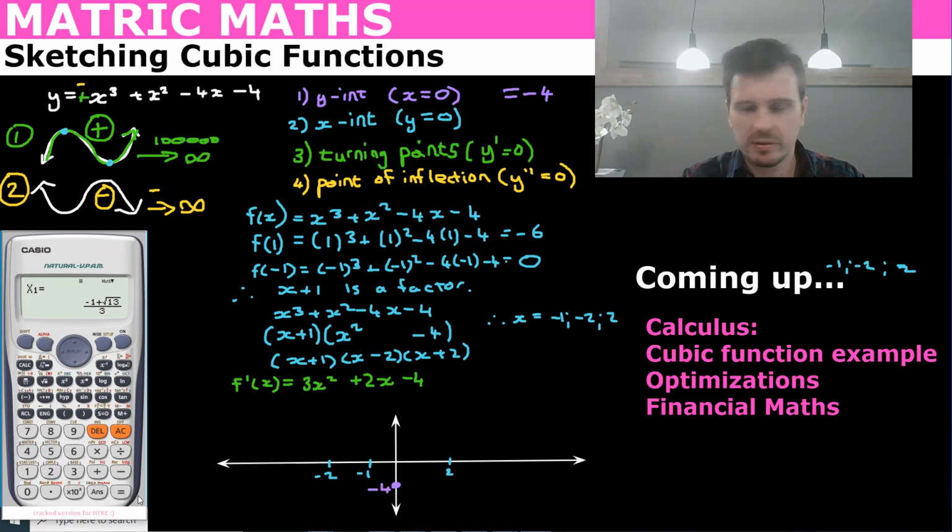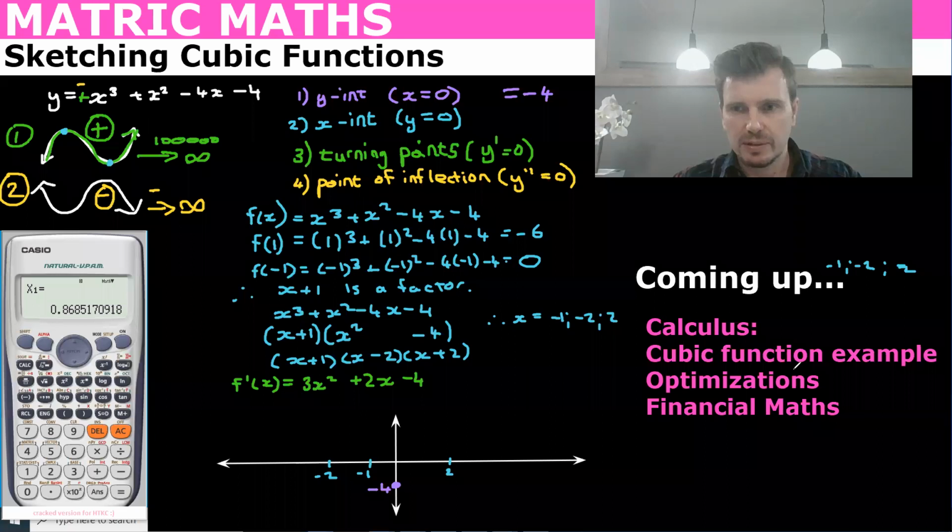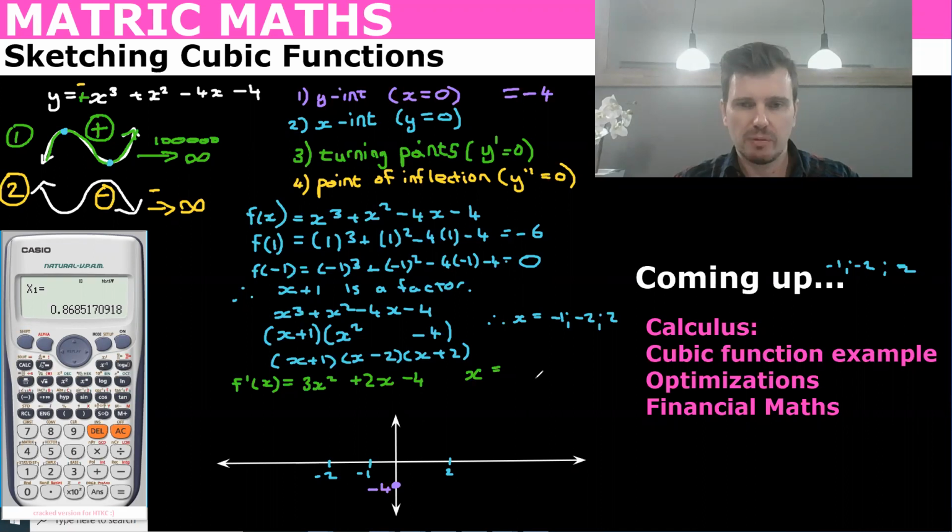And here we have our x-intercept. So the first one is going to be this, right? So what I do is I'm going to say x equals, because now I know that I would have needed the quadratic formula, I would say negative b, so negative 2 plus or minus the square root of 2 squared minus 4, a was 3 and c was minus 4, all over 2 times 3.